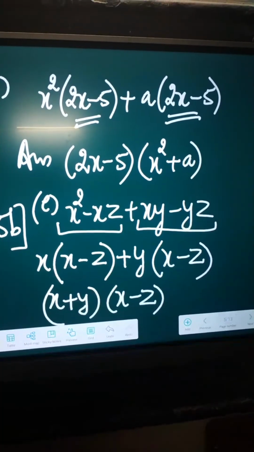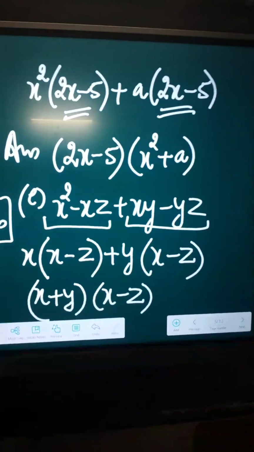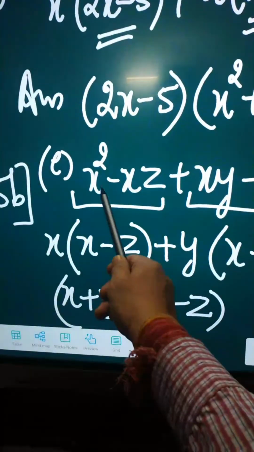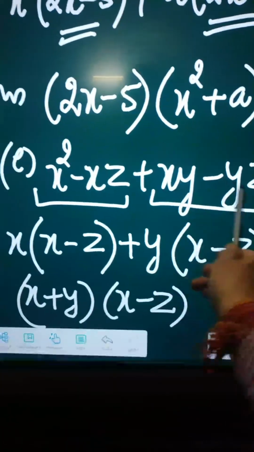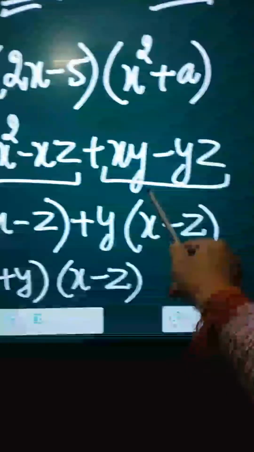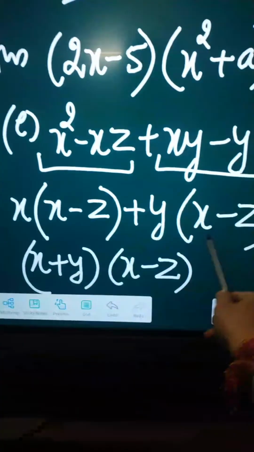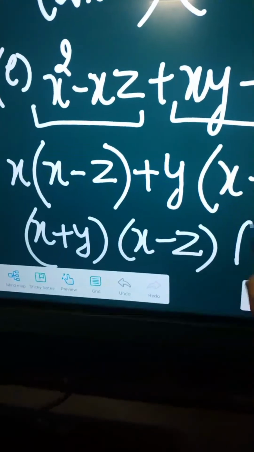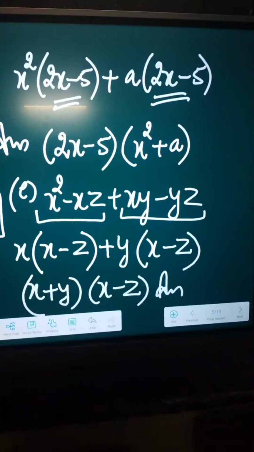The first two numbers are made the first group. The second two numbers are made the second group. Now take common in each group. It will be x into x minus z. Here it will be y into x minus z. Now both x minus z are common. So this is the answer, where we factorize by taking common in groups.